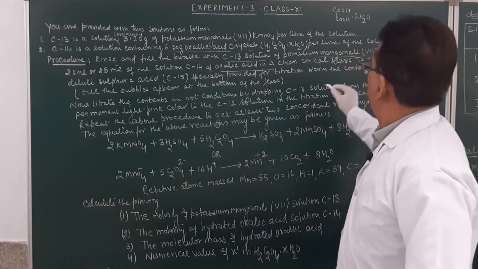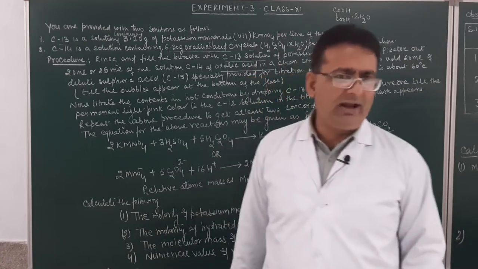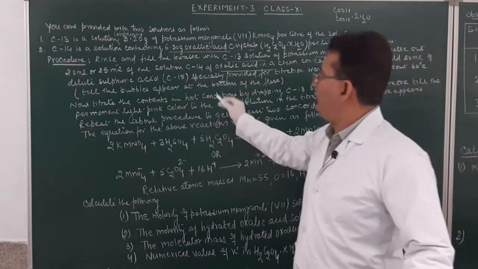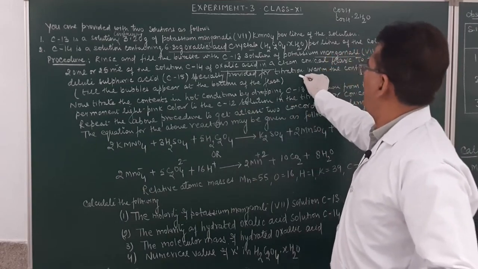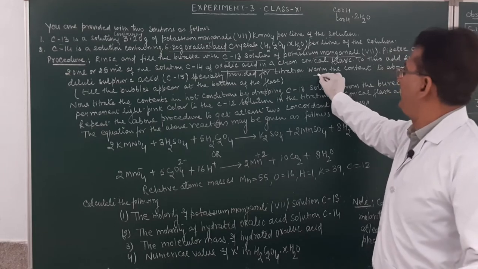Then to this add 20 ml of dilute sulfuric acid. How will we add dilute sulfuric acid? By use of a measuring cylinder. So we will be adding dilute sulfuric acid, specially provided for the titration. This is a difference from the previous experiment.